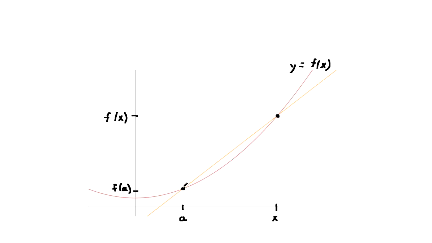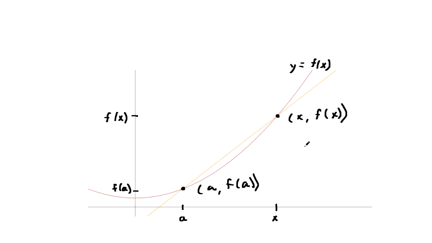So here's x, f of x, and here's a, f of a. Now we want to find the slope of this straight line here that connects those two points.